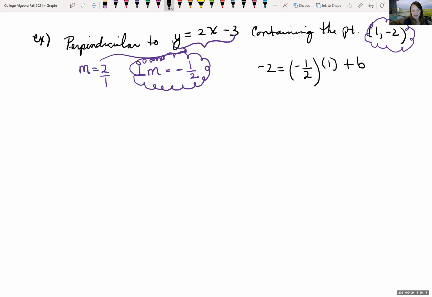And notice again, I'm going to need a common denominator. So let's multiply this -2 by 2/2. So I have a -4/2. But we're adding 1/2 to both sides, plus 1/2 equals b. So b is -3/2.